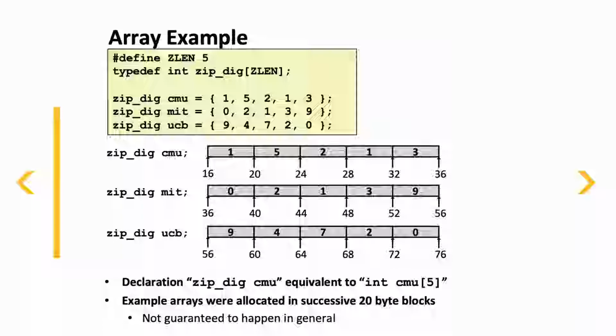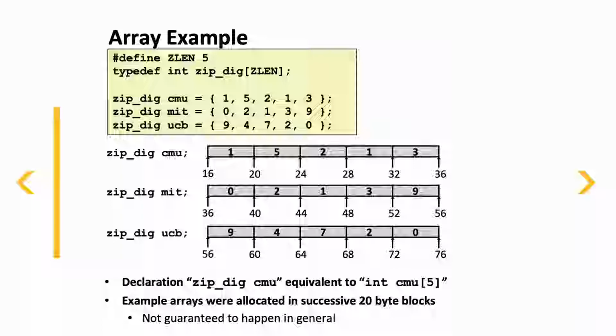So as we can see, the CMU array ends up starting at address 16, and we've got 20 bytes of memory allocated, and what we've got stored in those locations are those integers that we specified. Because we've taken up those 20 bytes, MIT starts at 36, and we have 20 bytes for that. UCB starts at 56. We have 20 more bytes for that.